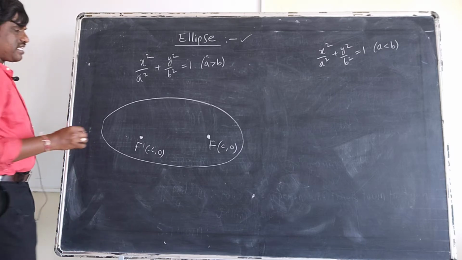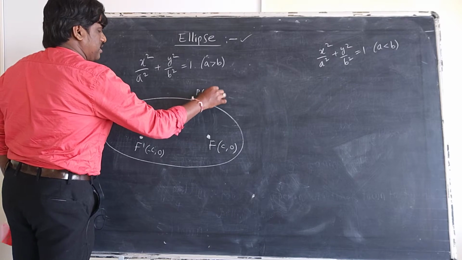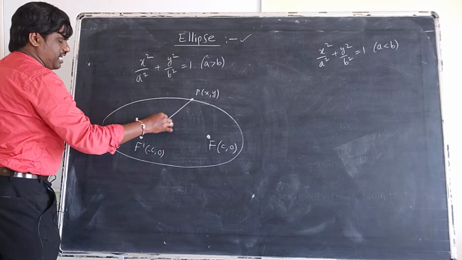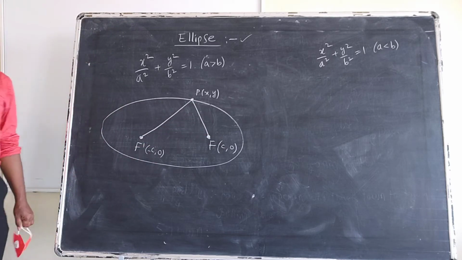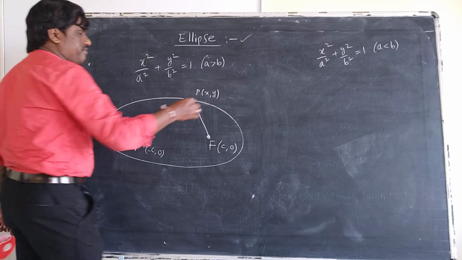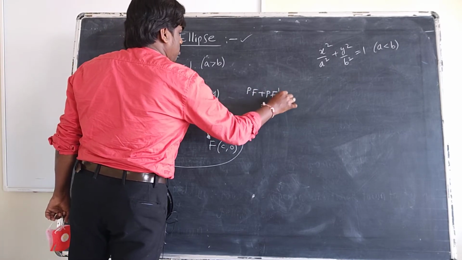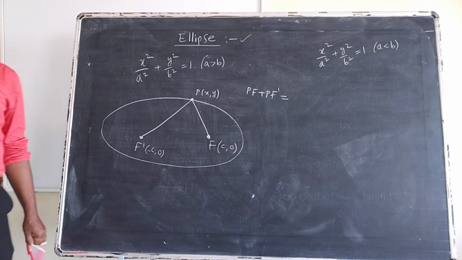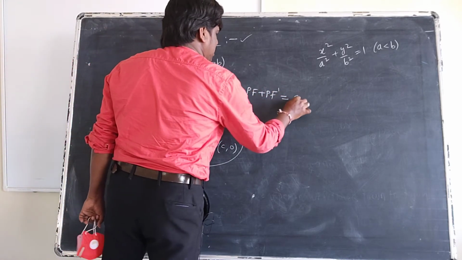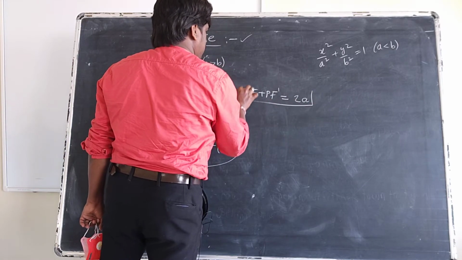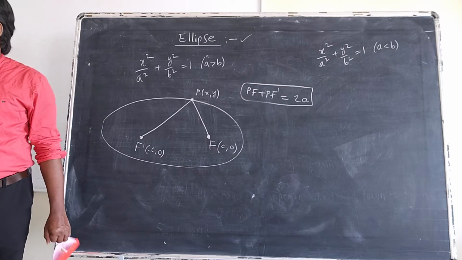If I take a point on this ellipse, x comma y, and join it to both foci, then PF plus PF dash is a constant. That constant we consider as 2a. By this, the formula of the ellipse is derived.